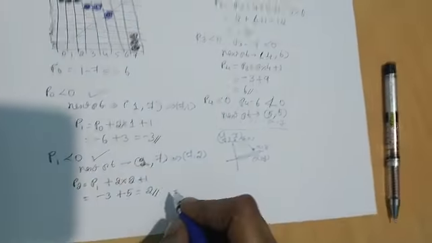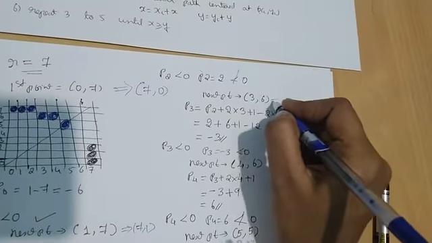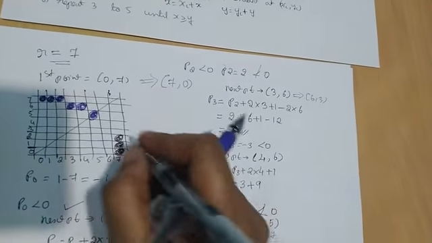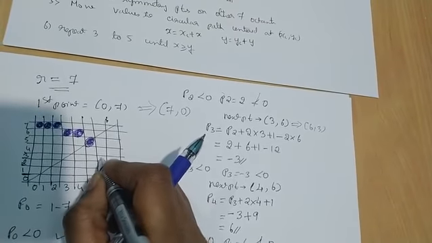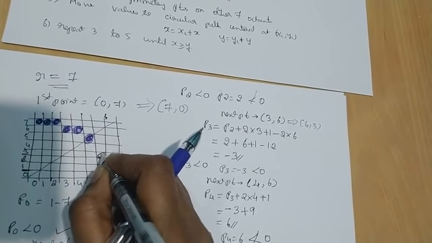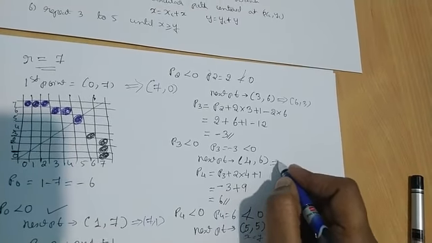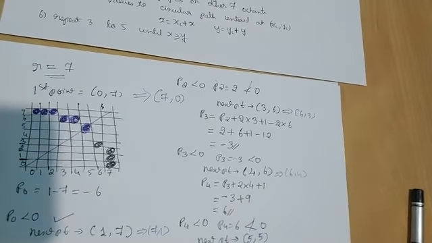Then you have next point 3, 6, which means in the symmetric point it will be 6, 3 for this octant. So 6, 3, and here 4, 6 means 6, 4.